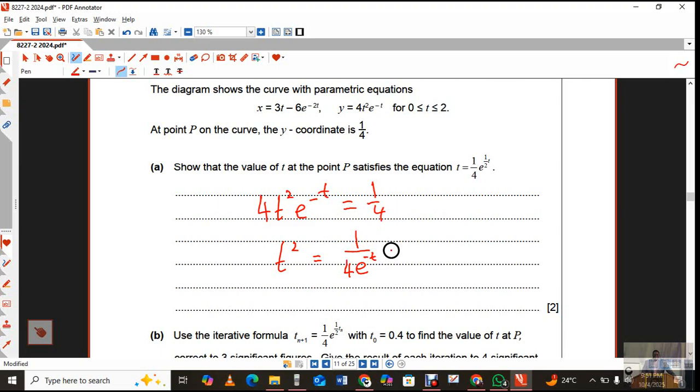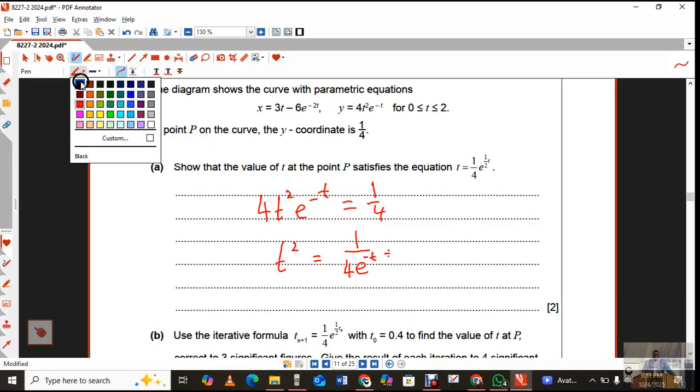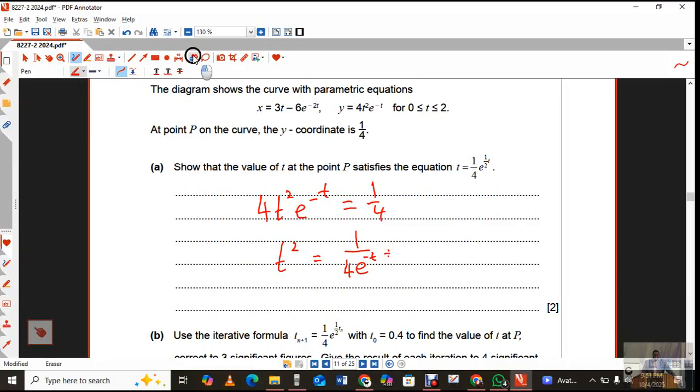But now if I divide that by 4, it's the same as multiplying by 1 over 4. So basically this is 1 over 16 e to the negative t.